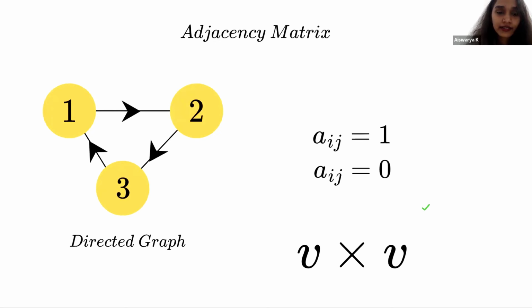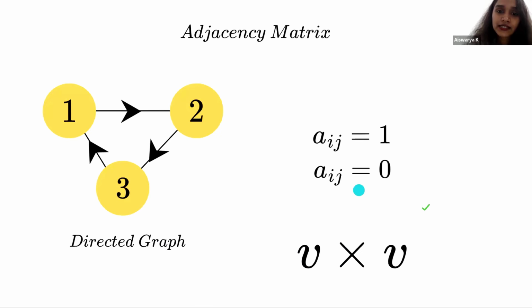As I said, we can represent a graph as its adjacency matrix. And by looking into an adjacency matrix, we can tell whether two nodes in a graph are connected or not. Here we have a directed graph. So the dimension of the adjacency matrix will be V by V, where V is the number of vertices in the graph.